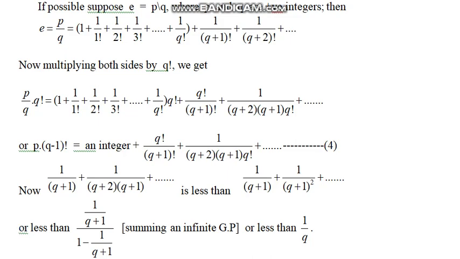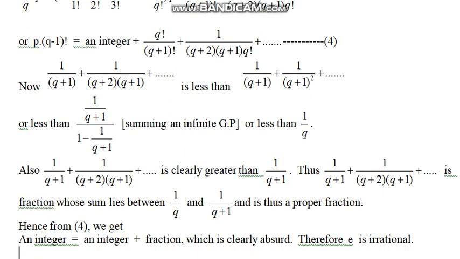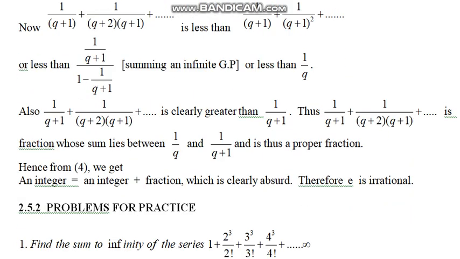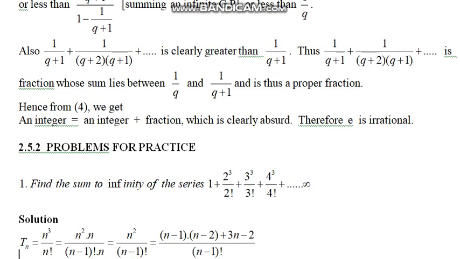This is equation 4 and is less than 1. So finally we get an integer plus a fraction, i plus f, which is clearly a contradiction. Therefore e is an irrational number. So it lies between 2 and 3.